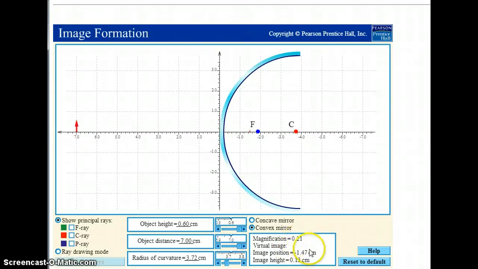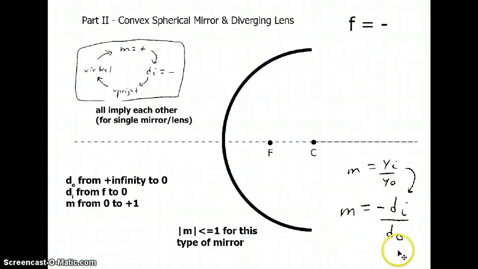By the way, notice that all of the results that it's giving here are basically what are yielded from the equations. So right here you can make yourself up some practice problems if what you want to do is practice the equations. The plug and chug on that equation is not hard. If I click over here, you have your magnification is minus di over do.